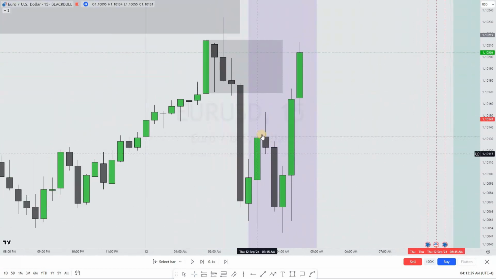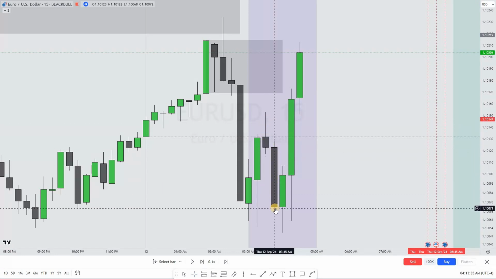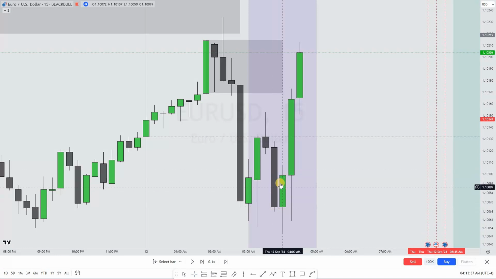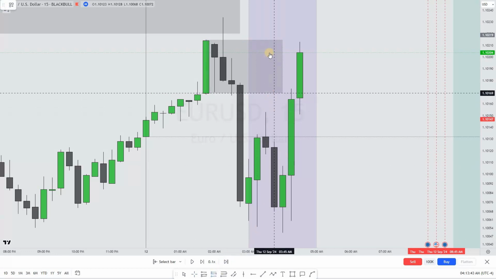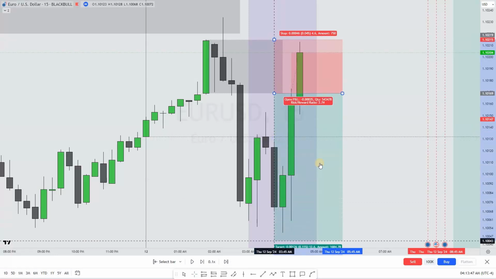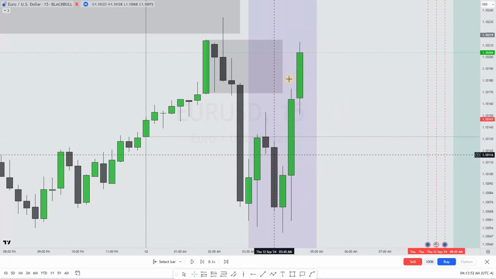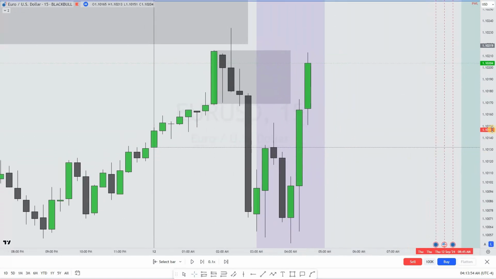Once this candle came all the way up and made a swing high, and we had this momentum down, and this third candle forming a fair value gap, this trade for me was already invalid. So after we got this fair value gap, this trade was invalidated and I closed it.